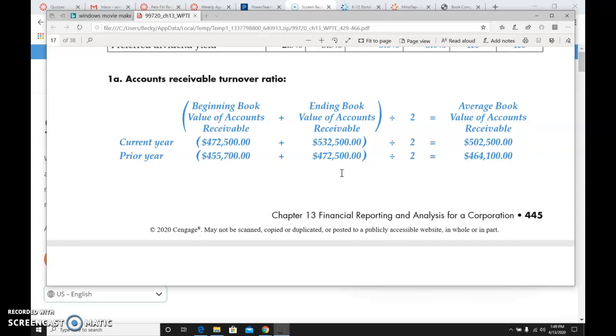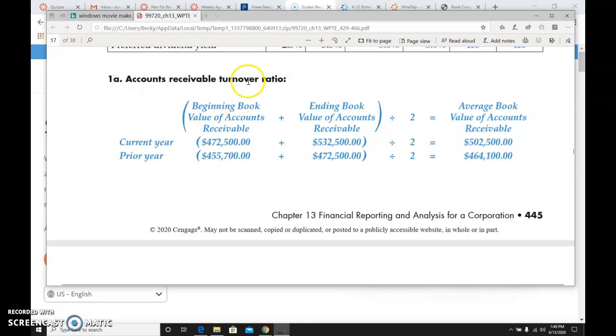And then it wants us to compute all of them, compare each measure to a target range to identify whether each is a favorable trend and a favorable result, and then evaluate the days' sales in accounts receivable thirdly. So let's do the calculations first, and then we'll do the versus target, and then we'll evaluate days' sales last.